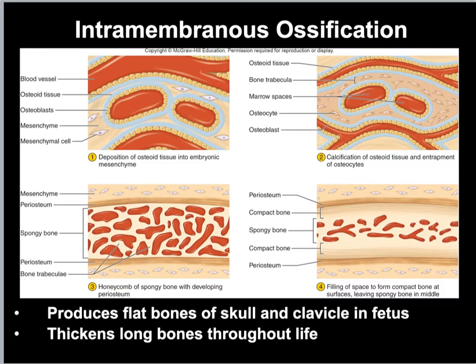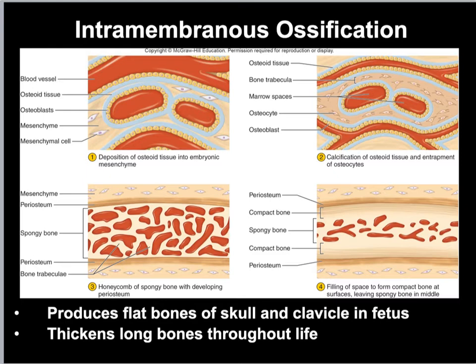Osteoid tissue is bone tissue that has not yet calcified. So it's got the organic portions of the extracellular matrix, but it doesn't have the hydroxyapatite attached to it yet. So these osteoblasts start off by depositing the osteoid tissue around wherever they're arranged.